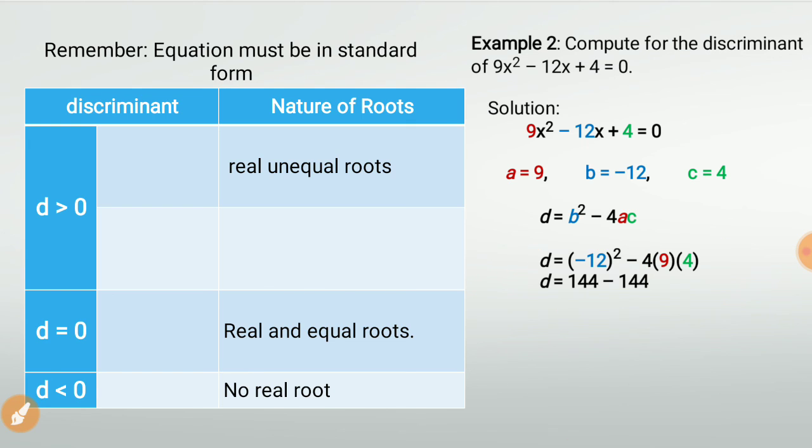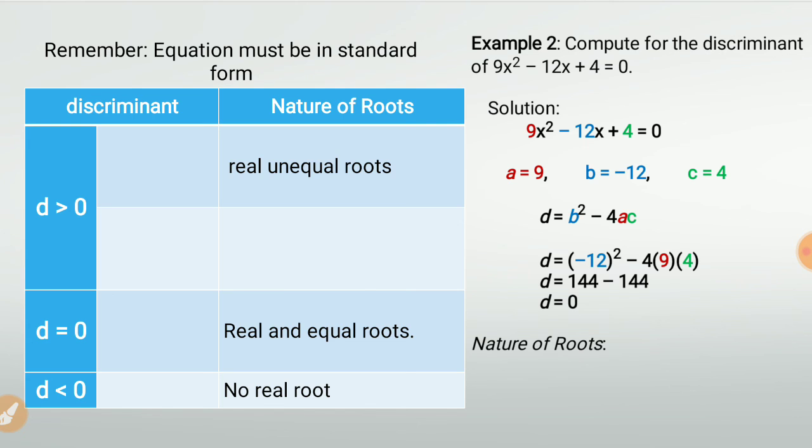So this way I am getting 144 minus 144. The first 144 came from minus 12 square. The other 144 is the product of 4, 9, 4, this part. Next step, D equals 0, that is discriminant equals 0. How does this discriminant become 0? 144 minus 144 is 0.